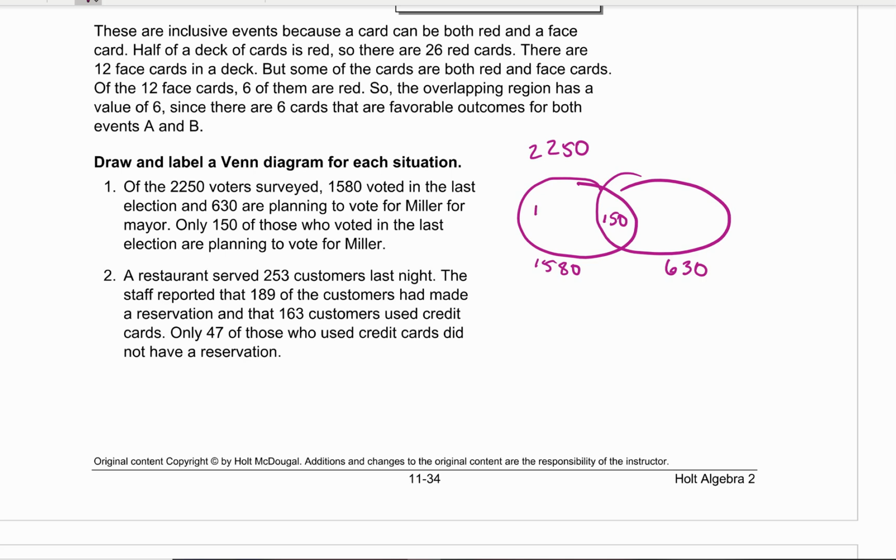We got 1430 over here, and 630 minus 150, we got 480 over here. So if you're trying to figure out who voted in the last election or who plans to vote for Miller, you've got to do that.